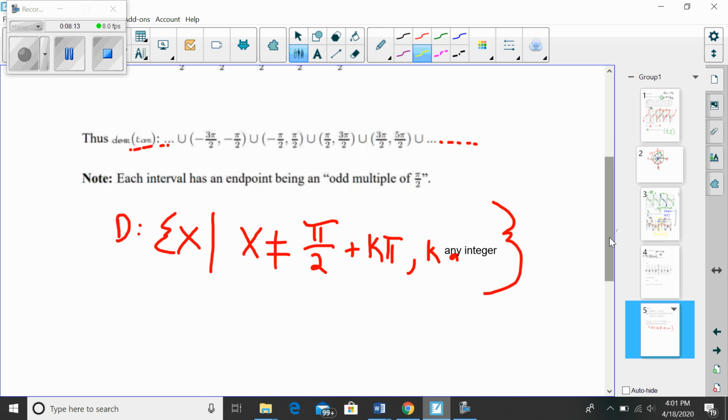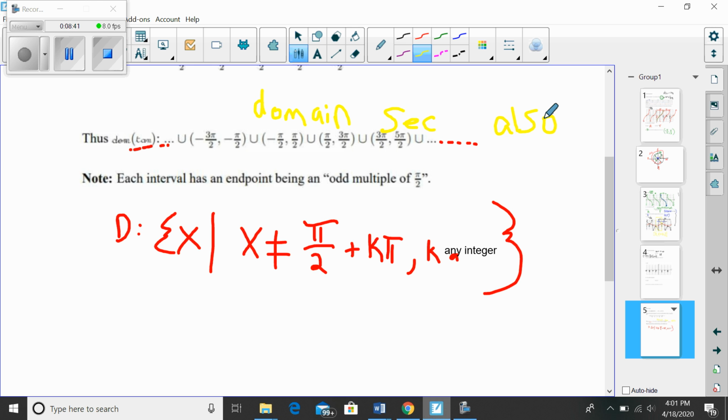The domain of secant is going to be the same as the domain of tangent, since they both have cosine in the denominator. So this is the domain of secant also. I'll let you write that into the appropriate place in your notes.